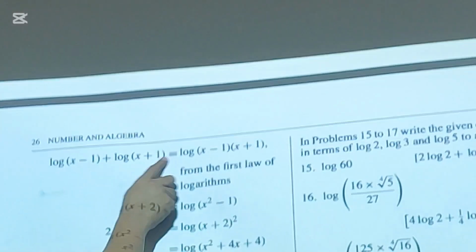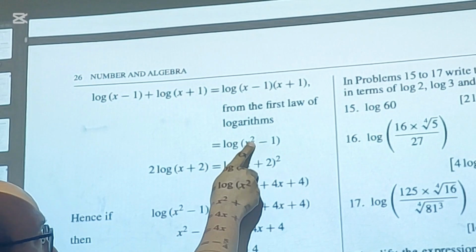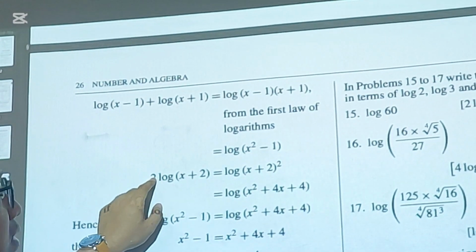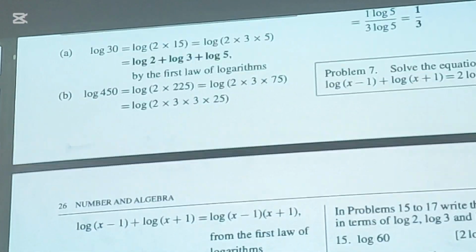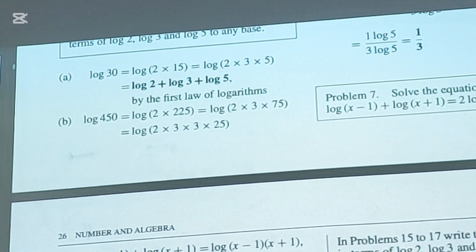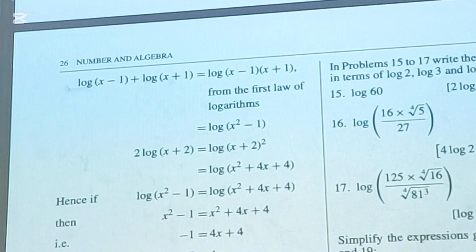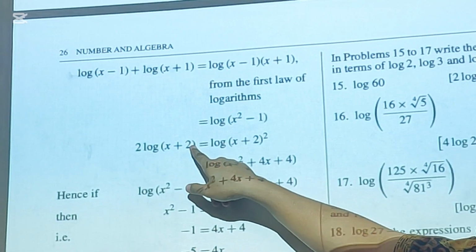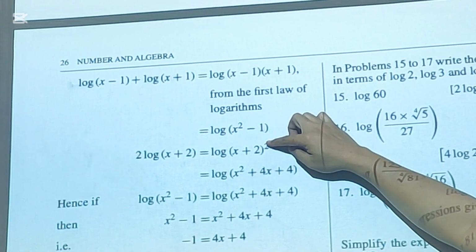So this side will be log x squared minus 1. And then for the right side, 2 log x plus 2. You can also change the 2 into a constant like this.